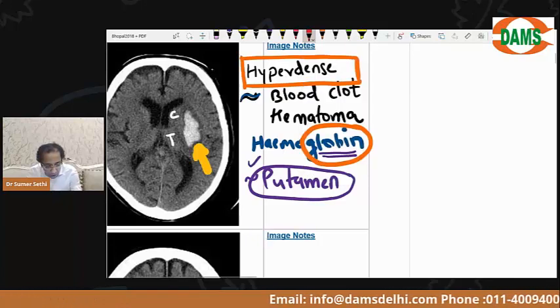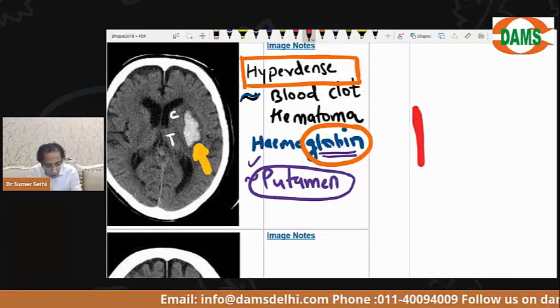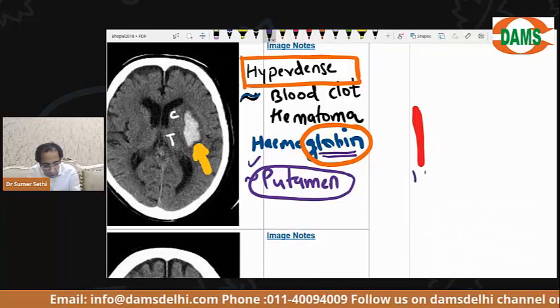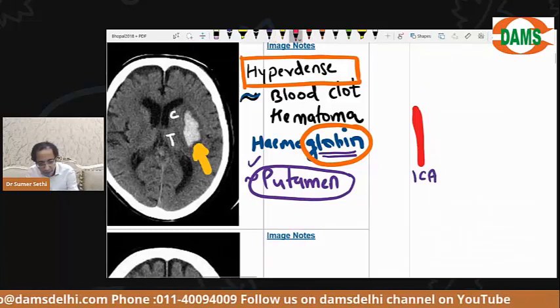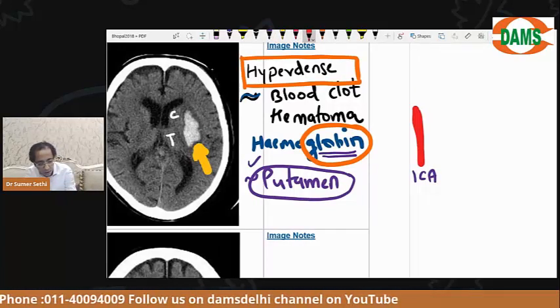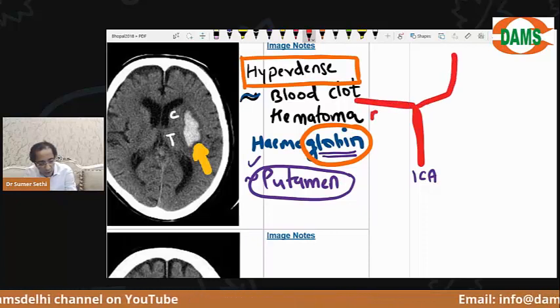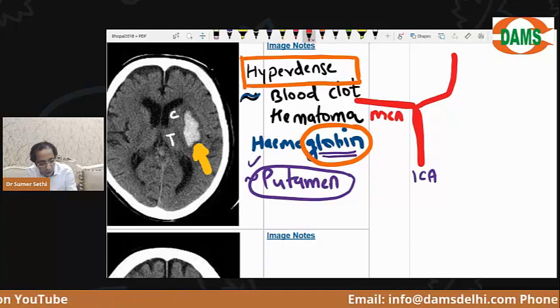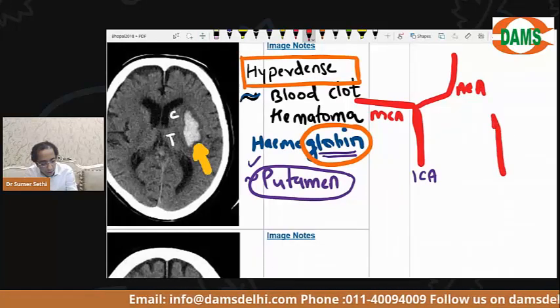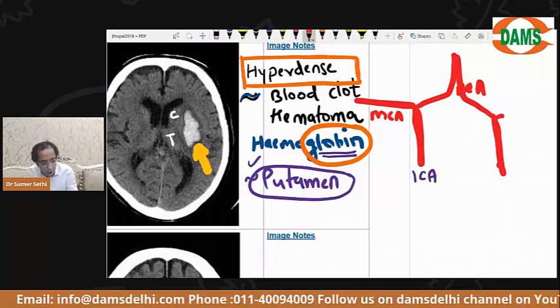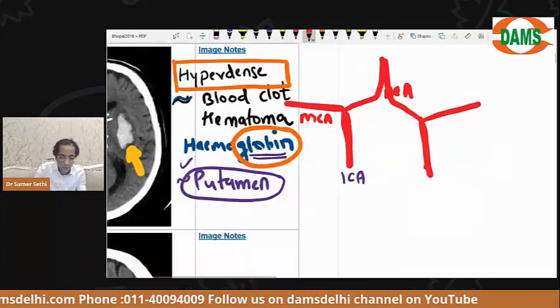Now, let us understand a little bit here. Suppose this is your internal carotid artery. This internal carotid artery gives rise to two branches, MCA, ACA. Internal carotid artery, MCA, ACA. Remember this or not?